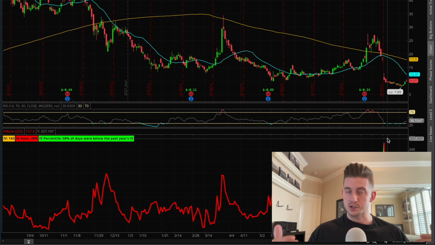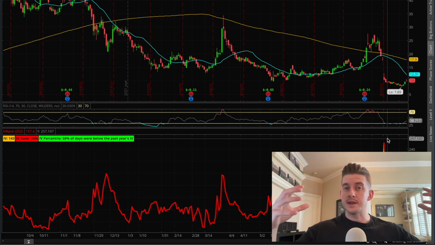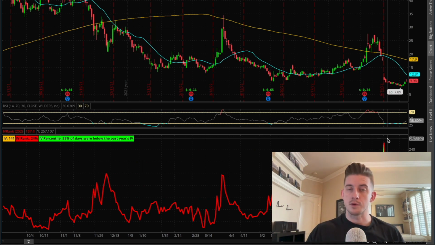So in regards to IV rank, if the IV rank is very low, that's a good possible setup to buy options. And conversely, if you want to sell options, then it makes the most sense to wait for implied volatility to be very high, and therefore the option prices would also be very expensive. So once again, in regards to IV rank, it would be ideal to wait for this indicator to get to a pretty high value.